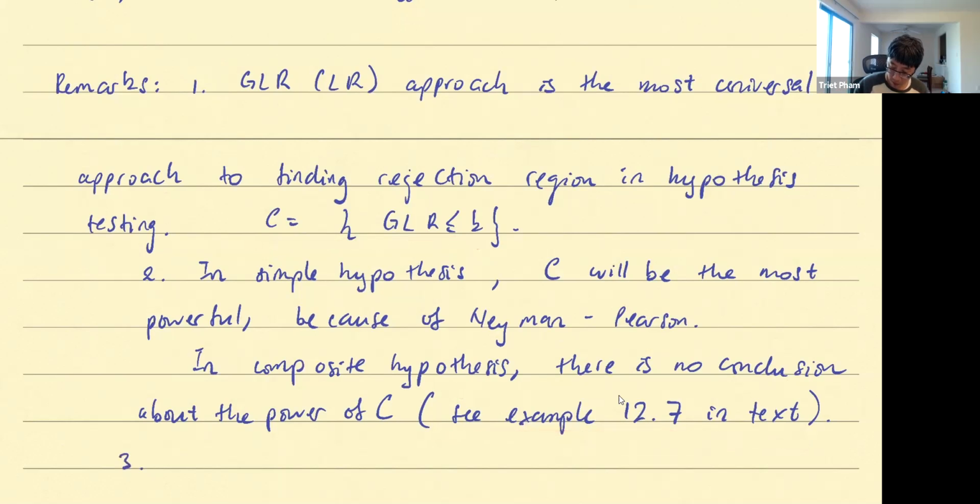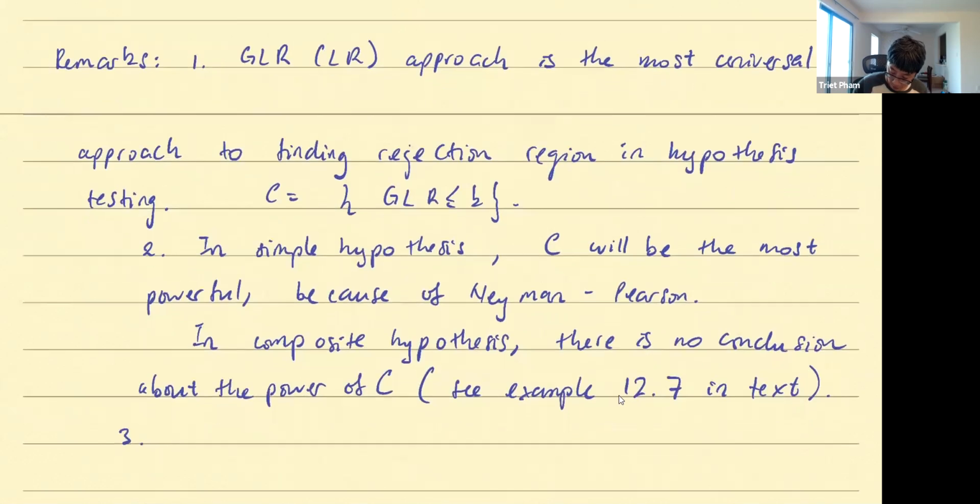Three. The most important question is that we need to decide K so that C has size alpha. That's always the question.